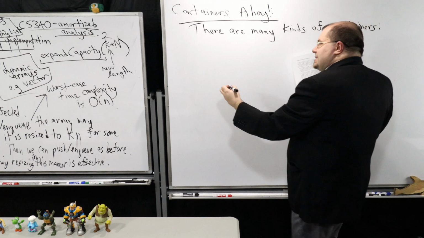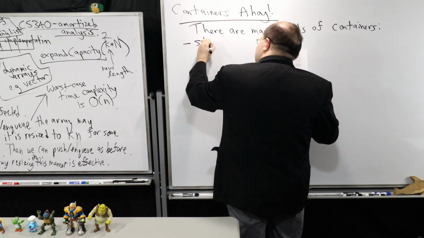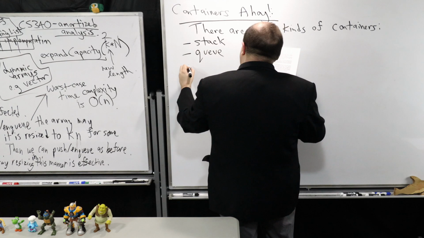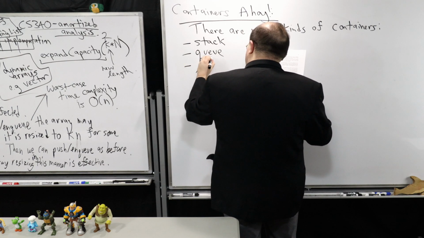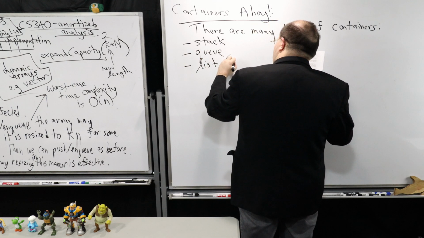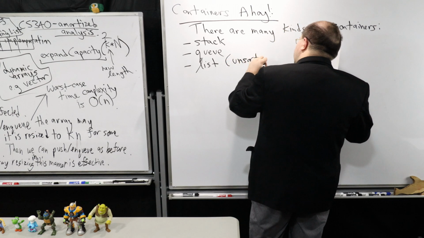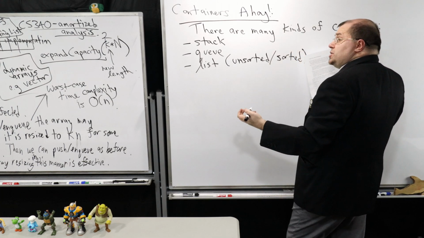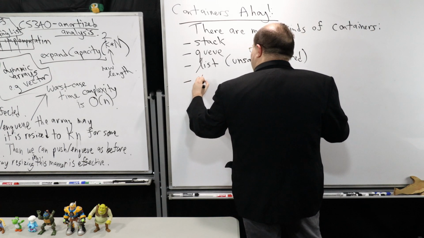So we've seen what a stack is, right? We've seen a stack. We've seen a queue. Another one is called a list. These could be unsorted or sorted. And we also acknowledged another one just a moment ago. It's called a vector.